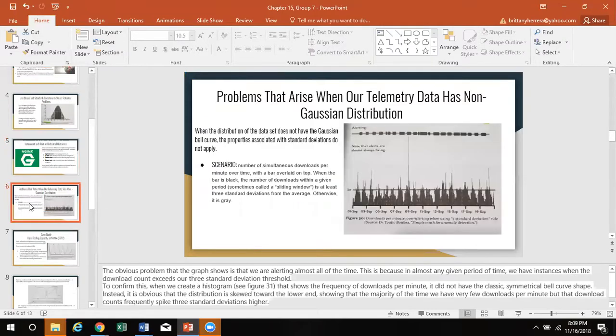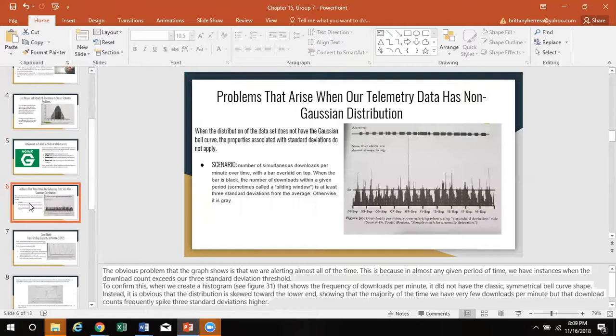Problems arise when our telemetry data has a non-Gaussian distribution. When the distribution of the data set doesn't have this bell curve, the properties associated with standard deviations do not apply. The obvious problem that the graph shows is that we're alerting most of the time, because in any given period of time there are instances when the download count exceeds our 3 standard deviation threshold.